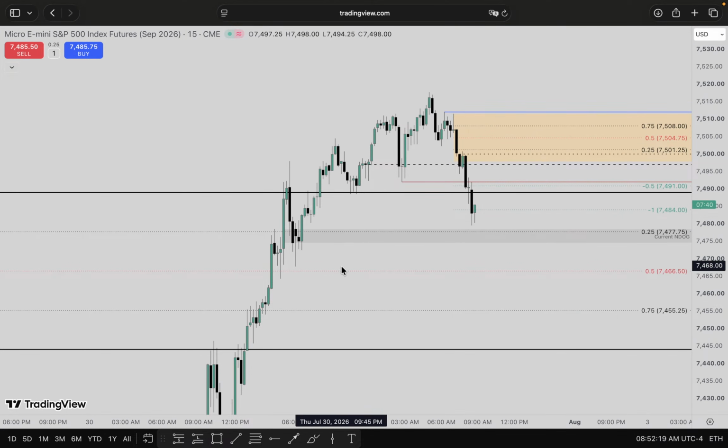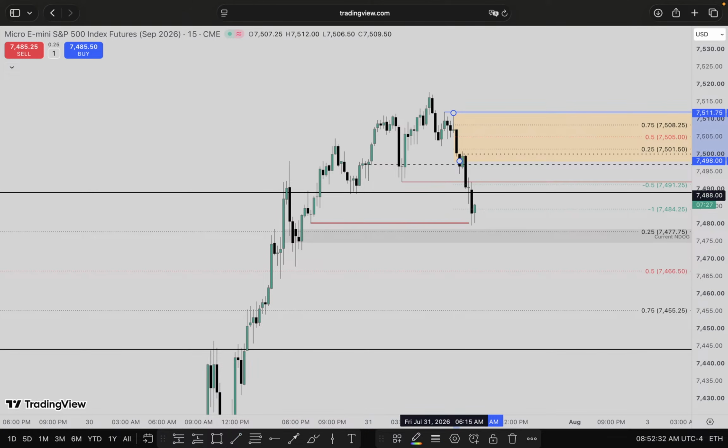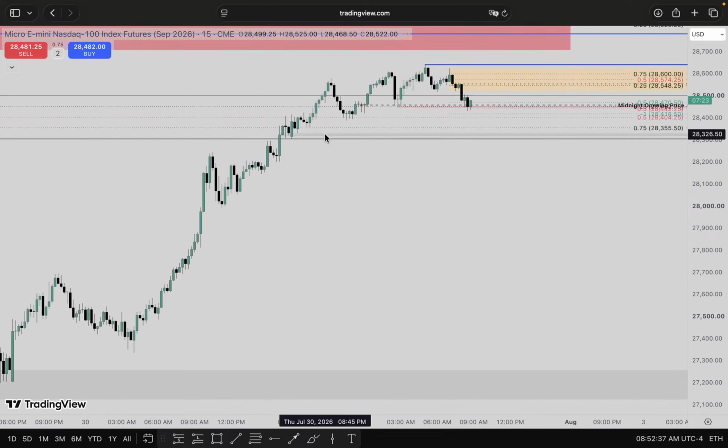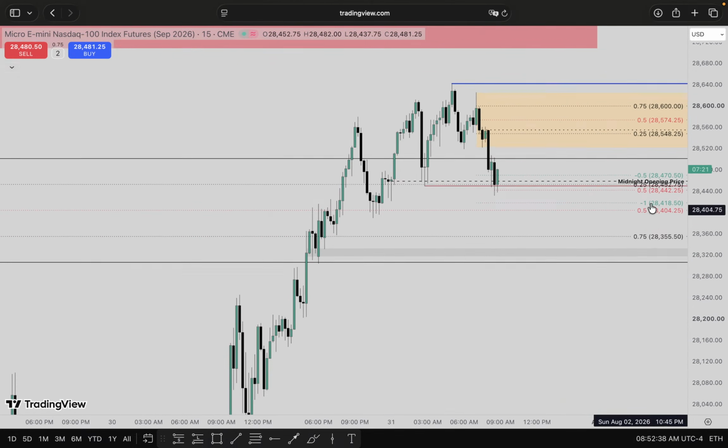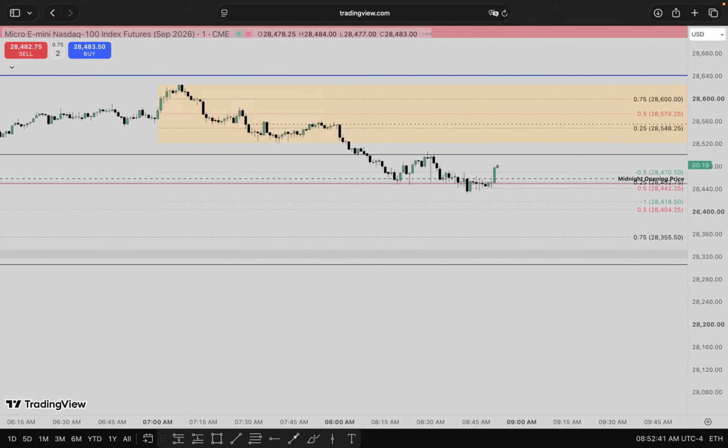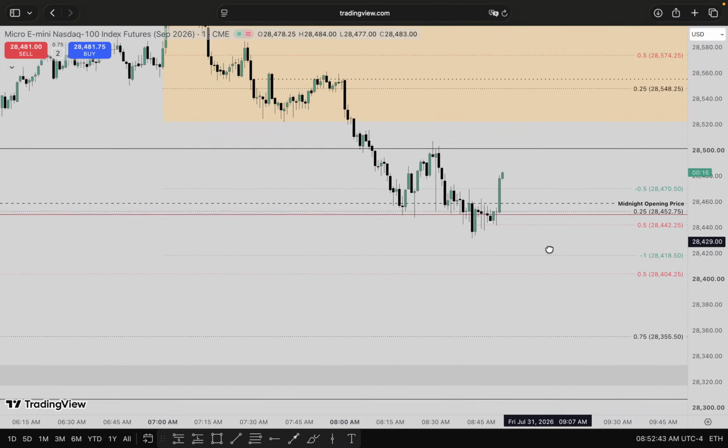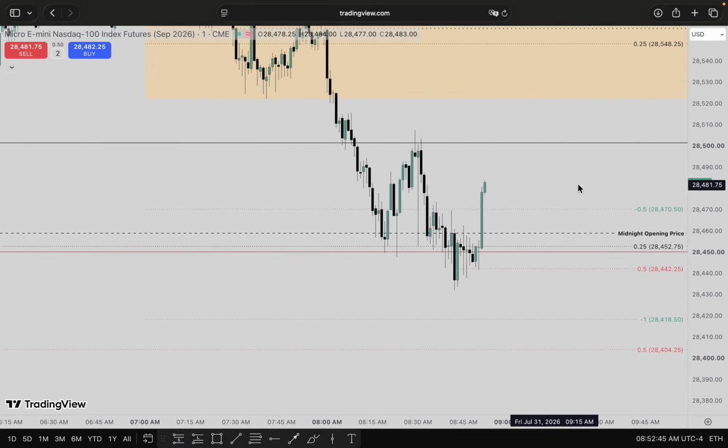Check out this low. Now we're pushing up. See, that's what I like to see right here.